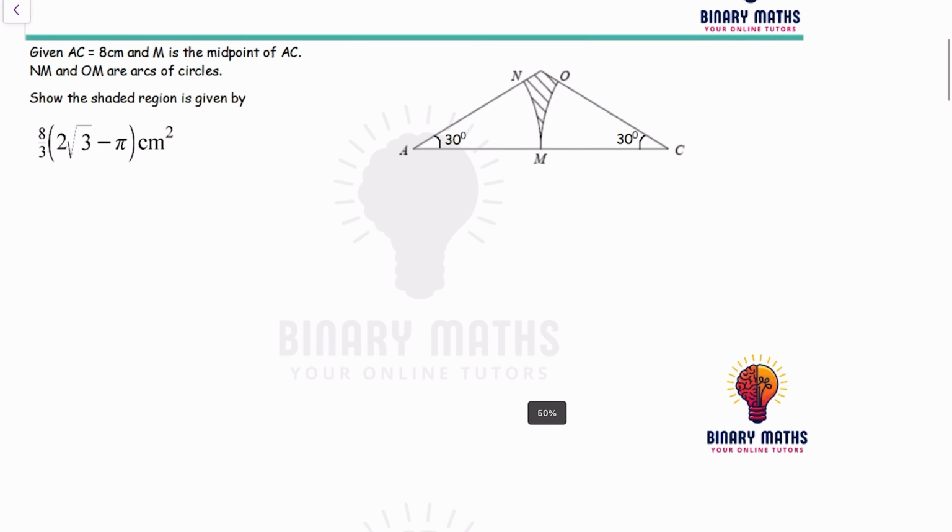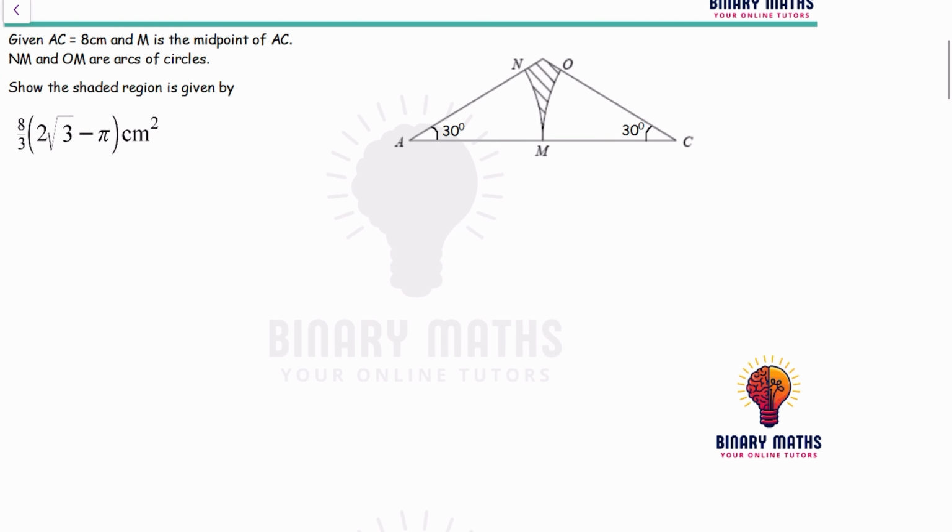Okay, so it says given that AC is equal to 8 centimeters, so the whole thing is equal to 8 centimeters, and M is the midpoint of AC. So if it's the midpoint, half of 8 is 4 centimeters, so M to C will also be 4 centimeters.